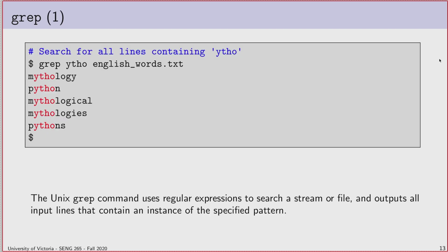But before I talk about Python, I want to talk about this ancient Unix utility called grep. You may well have already seen this in 265. Certainly if you haven't already, now's a good time to do it, because grep is really useful for command line stuff if you ever need to search something. So as an example, you'll have to use your imagination for what this file contains, but suppose I have a file called englishwords.txt, and it just contains a list of English words, one per line.